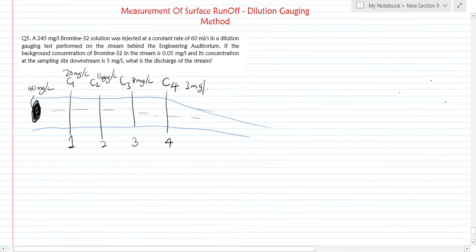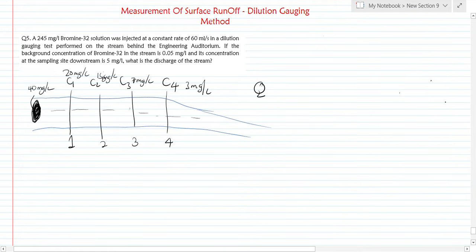This data that I have, I'll use it to determine the discharge of the stream, and that is what I'm going to use to find my surface runoff. Now, this method is used for rivers that are too shallow to be measured using other means of estimation of surface runoff.